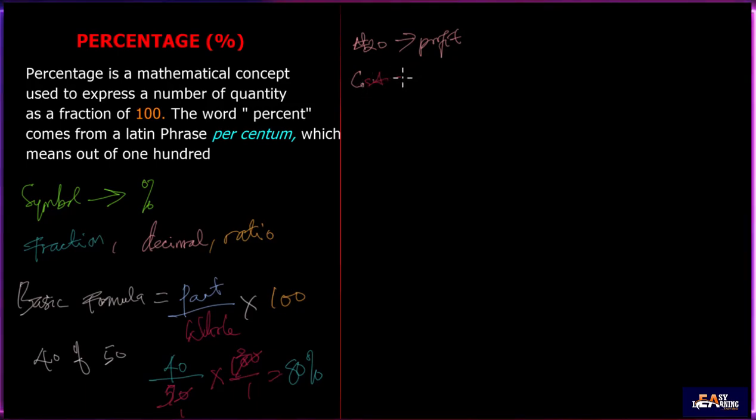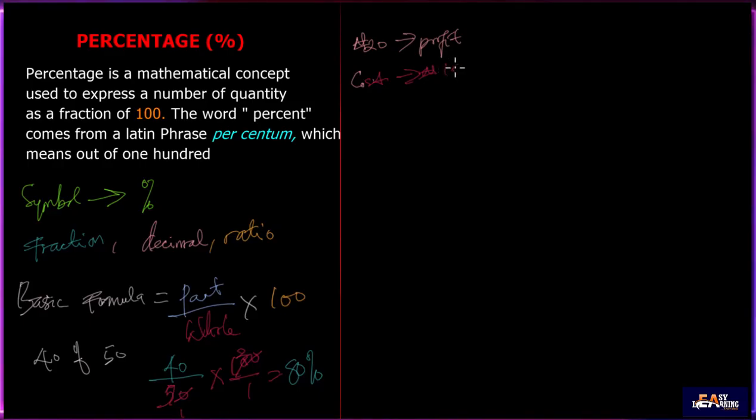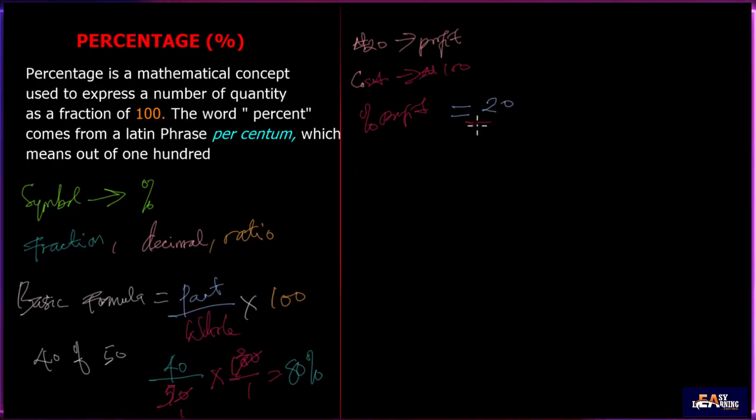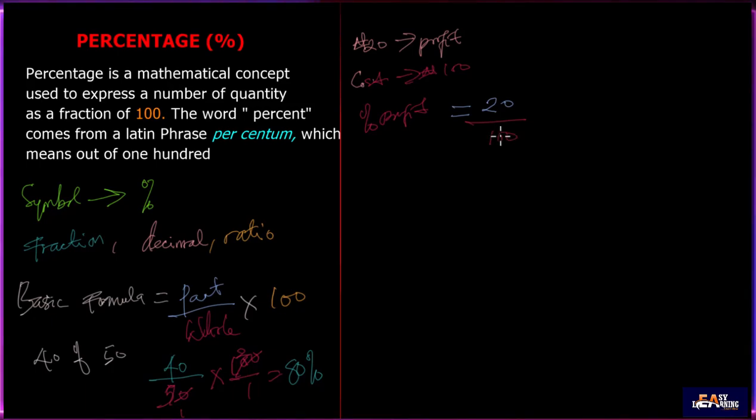Now you could be asked to find the percentage profit, and just knowing this formula, part over whole, the part becomes the 20, and the whole becomes the 100, that is the cost of the product, then times 100 all over 1. This 100 cancels 100, and we are left with 20%.